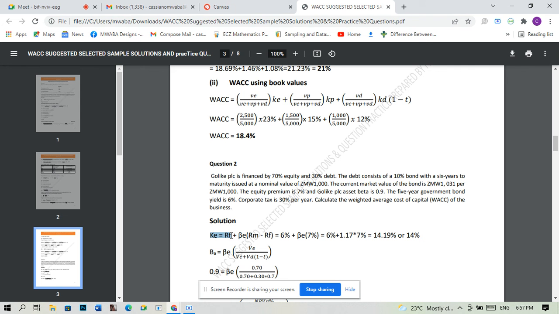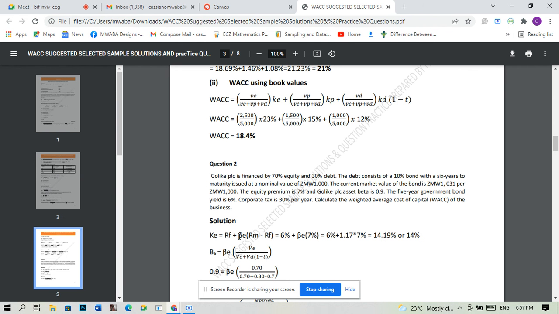KE equals RF plus our equity beta, and we open bracket, the market return minus the risk-free rate. But we can see in our formula here, we haven't been given our equity beta.